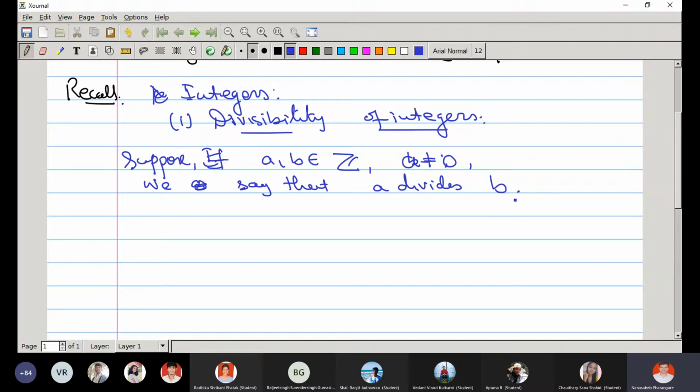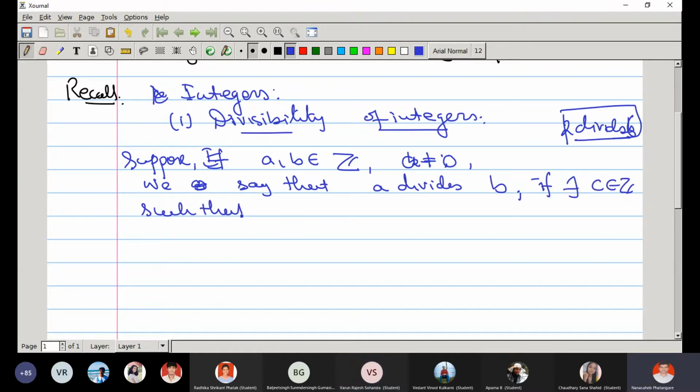When we say that a is a divisor of b, for example 2 divides 6. Why? When the ratio is also an integer. That means there exists another integer c such that b is equal to c times a, that means a is a factor of b, right?